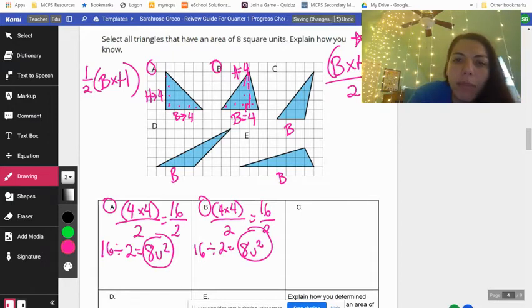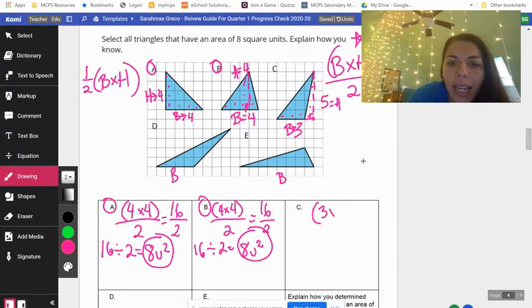For C, my base is 1, 2, 3. 3. And my height, I'm going to go right here at the tip, and I made perpendicular lines, and that's 1, 2, 3, 4, 5. 5 is my height. So again, I'm going to plug in my answers. For my base, I got 3.